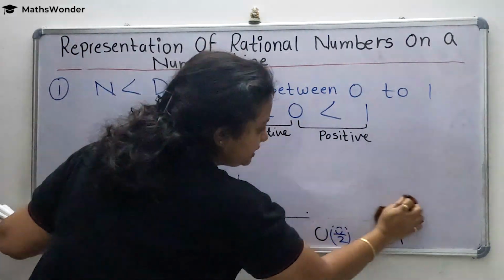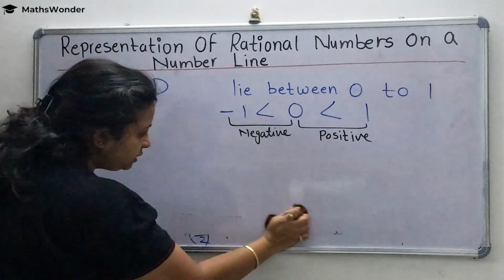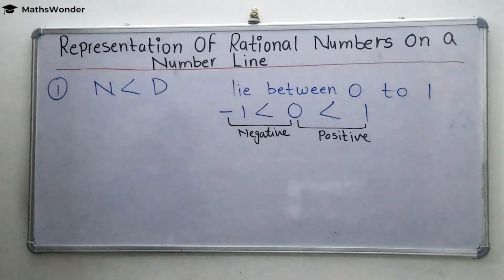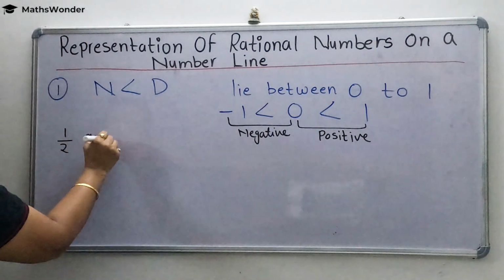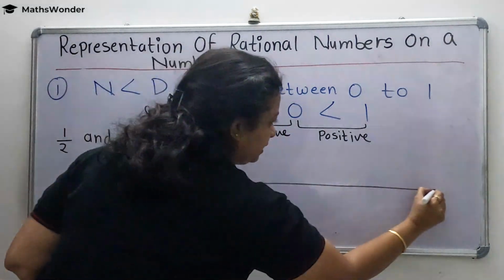number line. Now I am representing both the negative and positive rational numbers on one line. We are representing 1/2 and -1/2. So this is the number line.